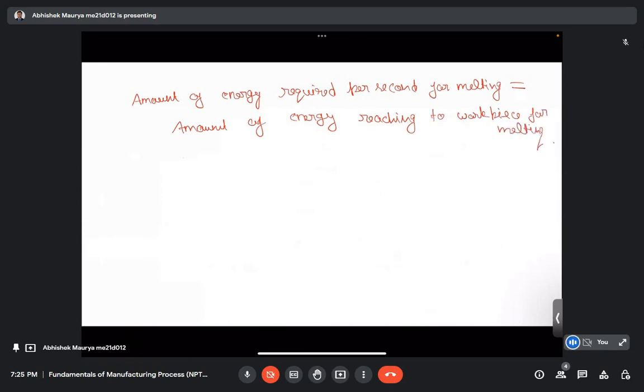So 500 joules per second should be equal to 20 into I into 0.8 into 0.625. If we calculate I from this equation, we get I equal to 50 amperes. So the correct answer for this problem is 50 amperes.